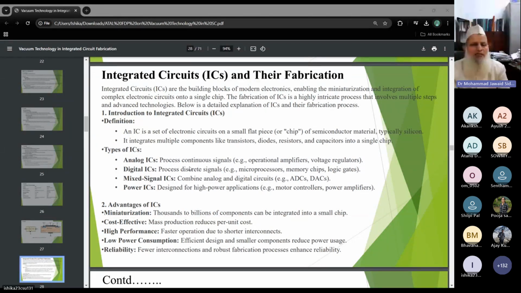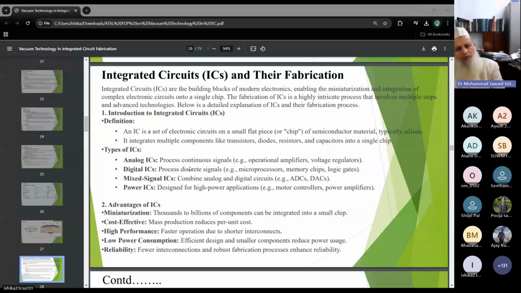In the beginning of electronic solid-state devices, generally these solid-state devices were connected and used as discrete devices. Earlier, these discrete devices were used in the PCB, printed circuit board.